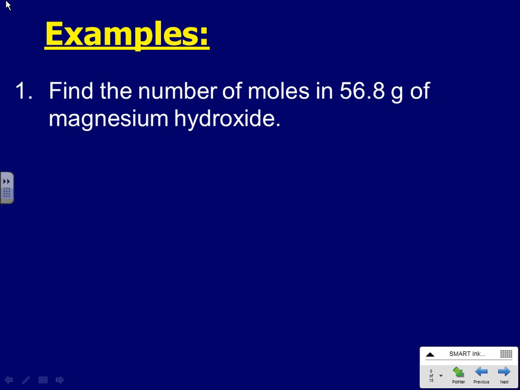I want to find information about moles. I need to convert from grams to moles. What conversion factor allows me to convert from grams to moles?